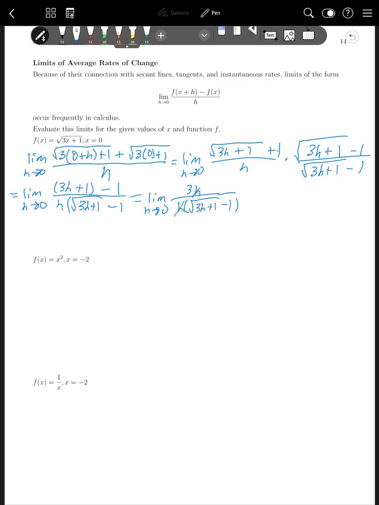Now I can cancel the h's. So this is the limit as h approaches 0 of 3 over the square root of 3h plus 1 minus 1. And now I can just plug in 0 into the function. So this is 3 over the square root of 3 times 0 plus 1 minus 1. Uh-oh.